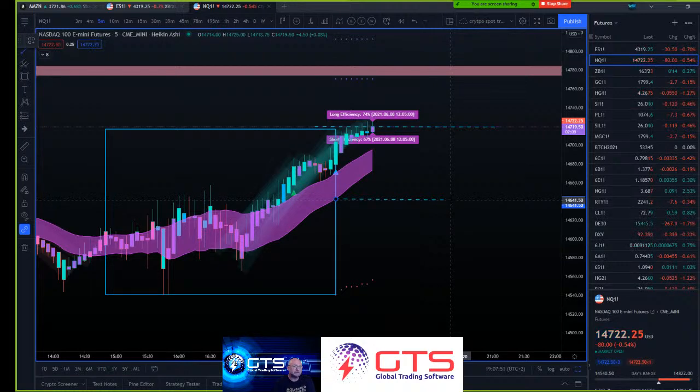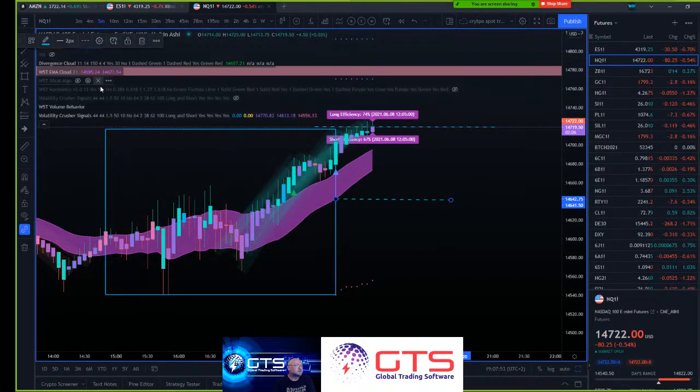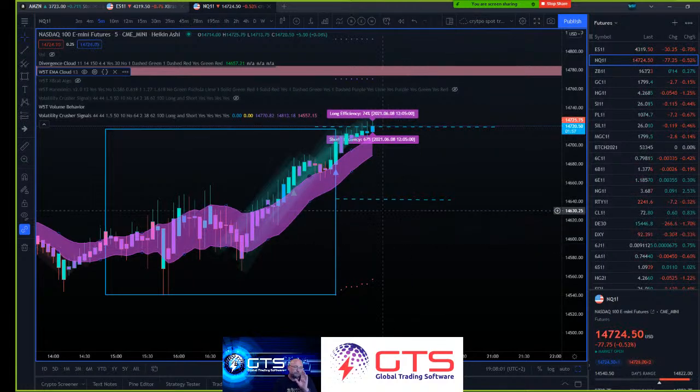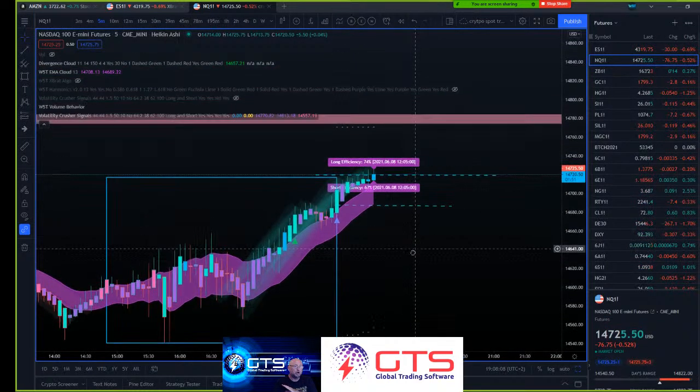Now, that can change. You can change the EMA Cloud. At the moment, it's 21. You can be more aggressive with the 13. So if you're day trading, you can be more aggressive, so your stops are a lot closer.